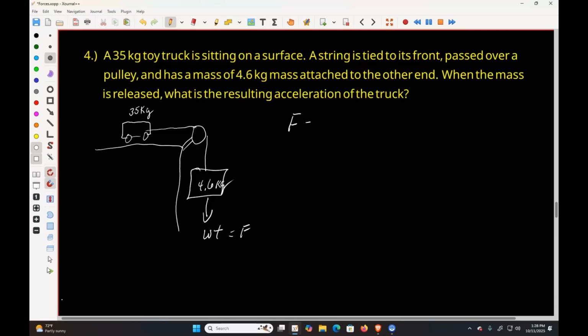So the force is equal to m1 plus m2, because both objects are accelerating. So the force is 4.6 times 9.8.